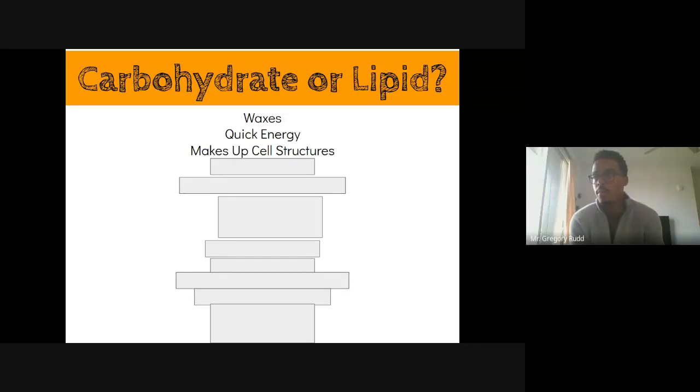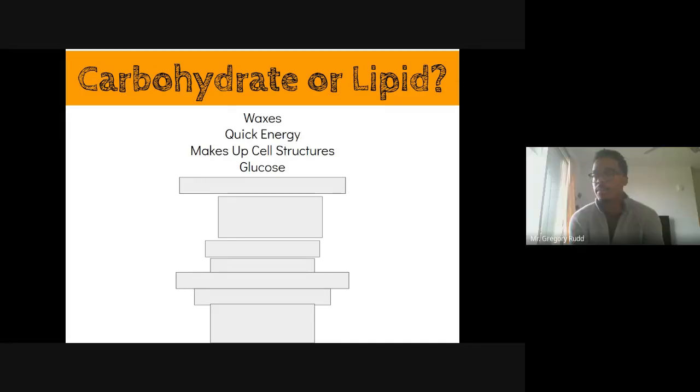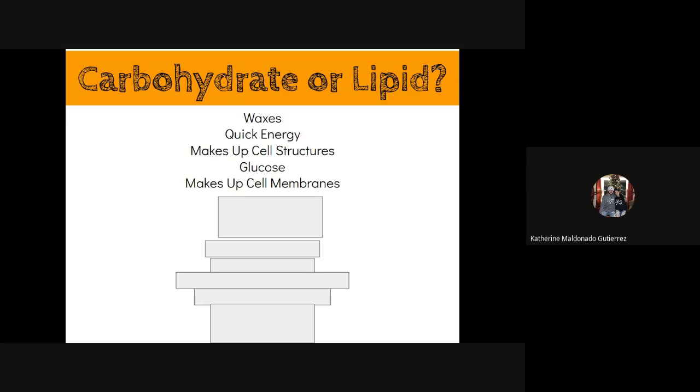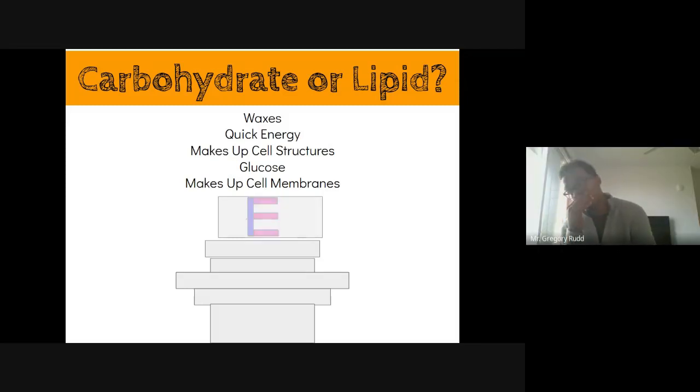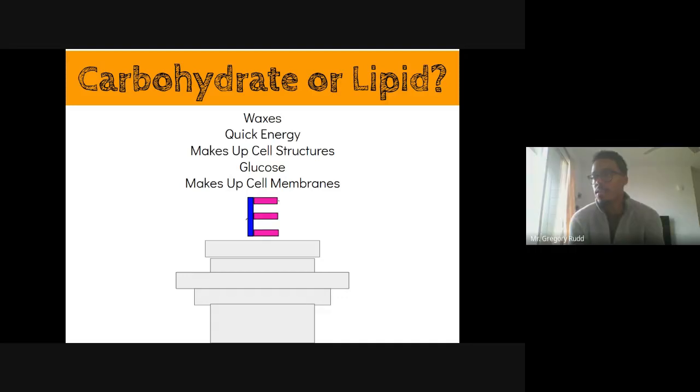Good, Kathy, that's a carb. Glucose. Carb, good. What about makes up the cell membrane? Lipid. What is that an image of? Lipid. That's a lipid. We can see the glycerol backbone in blue, and we can see the 3 fatty acid tails in pink as well.